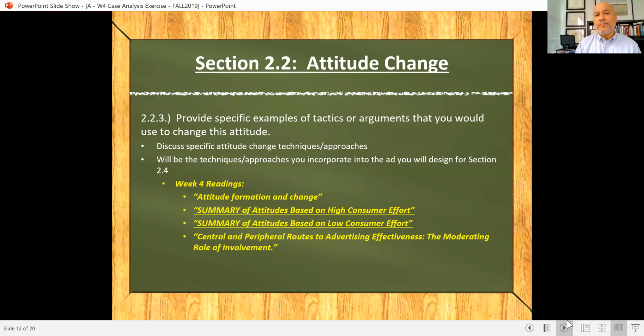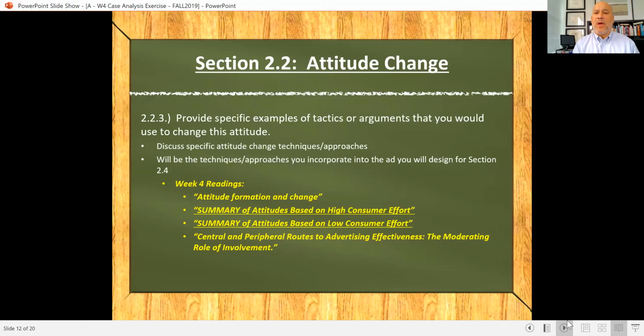Question 3 in this second section asks you to provide specific examples of tactics or arguments that you would use to change their attitude. Here, I'm looking for you to discuss specific attitude change techniques and approaches.